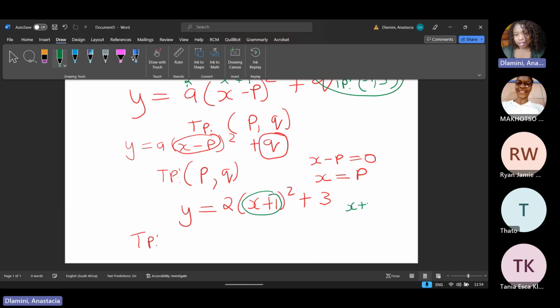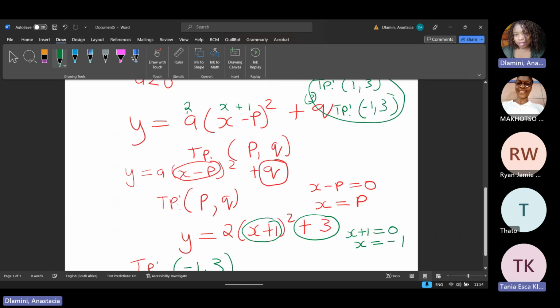So x plus 1 equals 0, x is equal to -1. So that point is -1. What did I say about the q value? You take it the way it is. In this case, it's positive, so this is -1 and 3, which is this one over there. Are we all sorted? Yes, ma'am. I understood that also now.